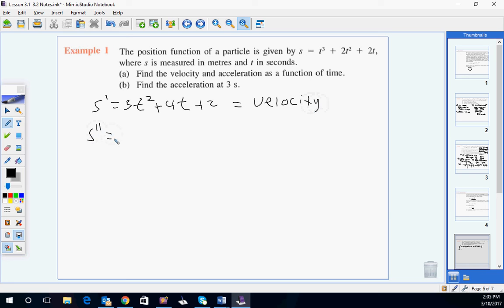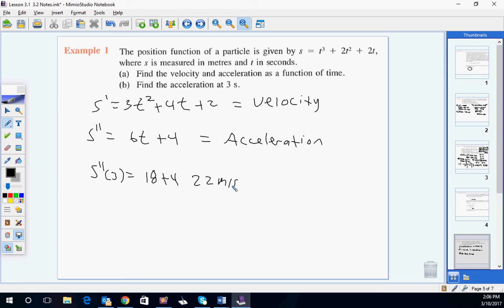S double prime, 6t plus 4, is acceleration. And then it asked me to find the acceleration at 3 seconds. So we want to go 22 meters a second.